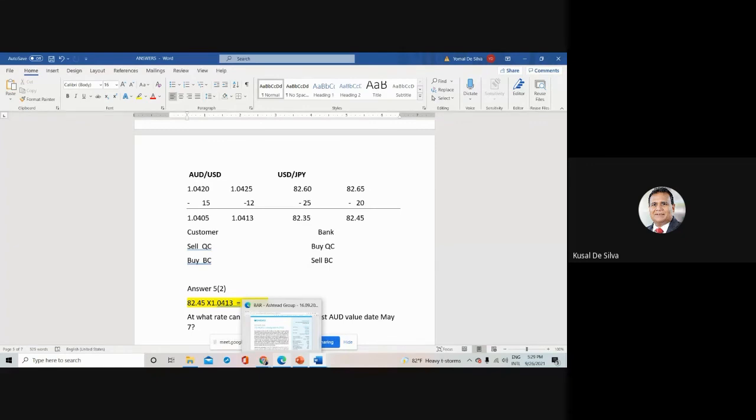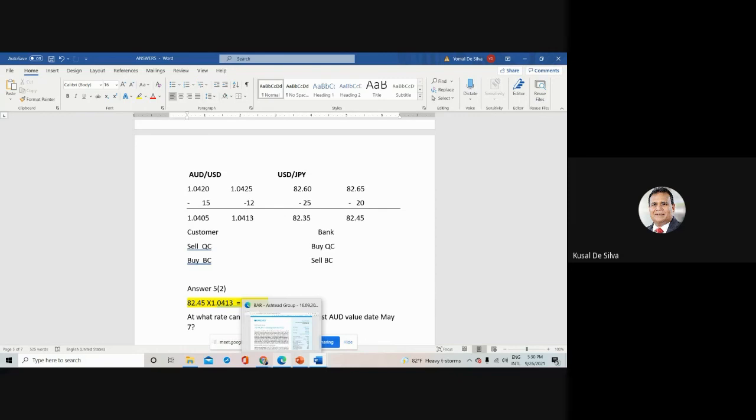That's my mobile number. I'll repeat again: 077 310 375. My email address is Kusal De Silva, KUSALDESILVA, one word, at sampath.lk.